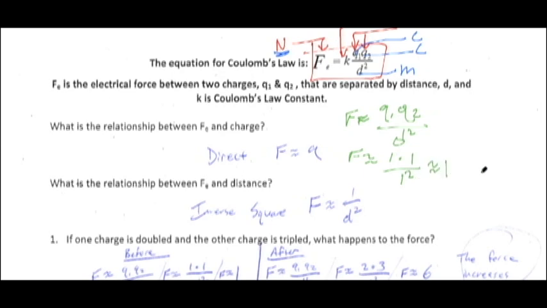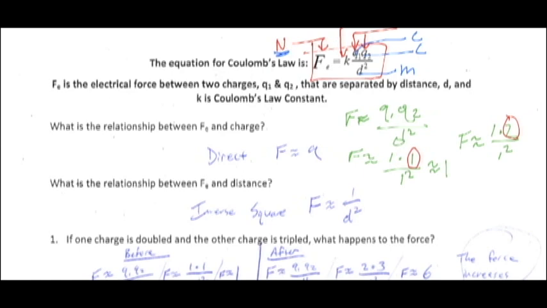Alright, that makes sense. Let's go ahead and do this again. Let's increase the charge on one of my Q's. Let's now make it F is kind of equal to 1 times 2 over 1 squared. So I've just changed one of these values, increased it a little bit, and I'm experimenting to see what happens with F.